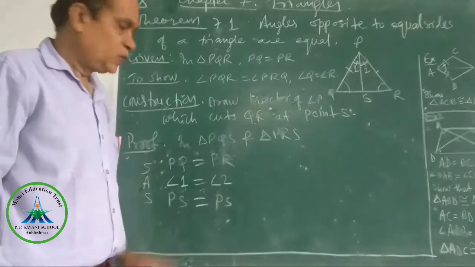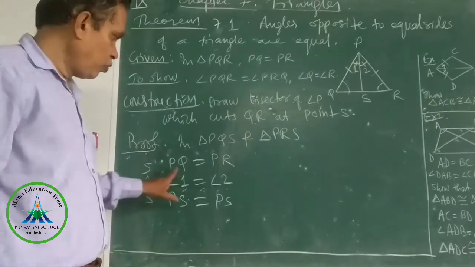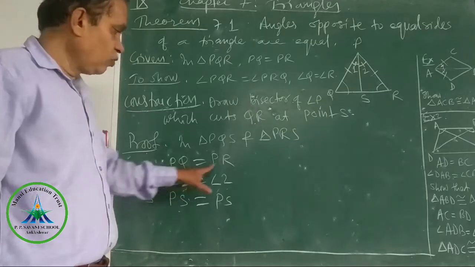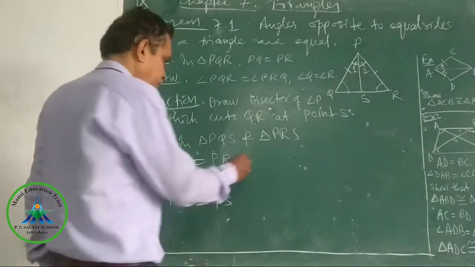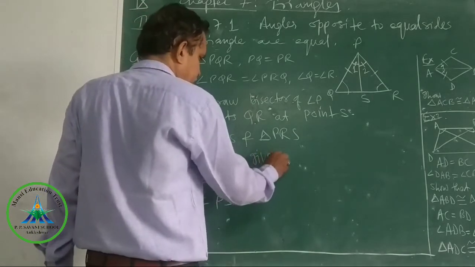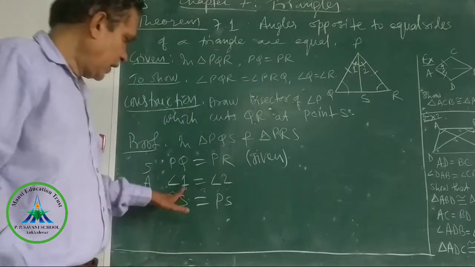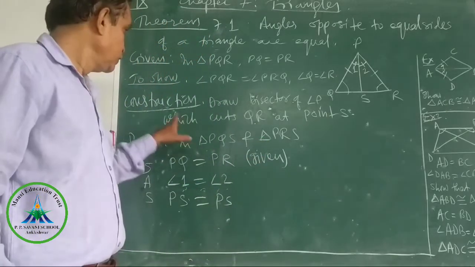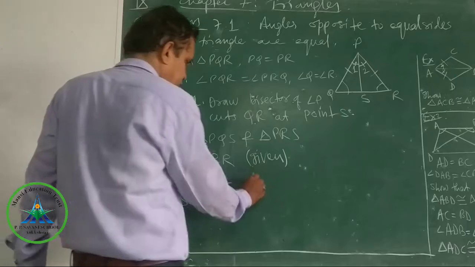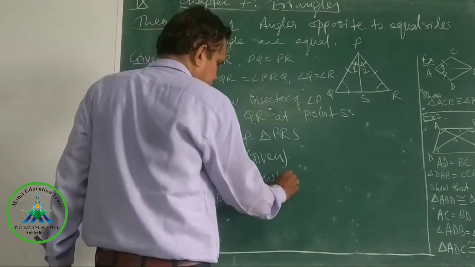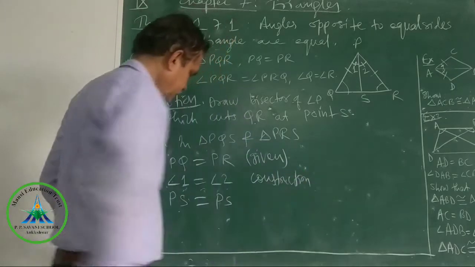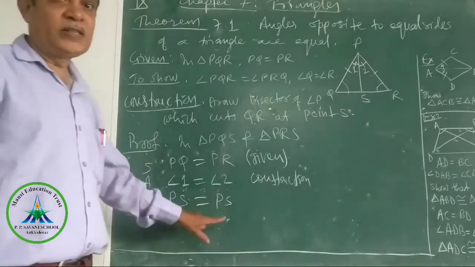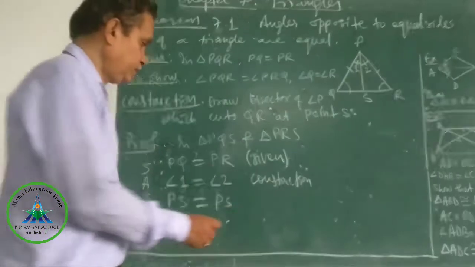We wrote. Now we have to give support. PQ equal to PR, given. Angle 1 equal to angle 2, construction. PS equal to PS, common.